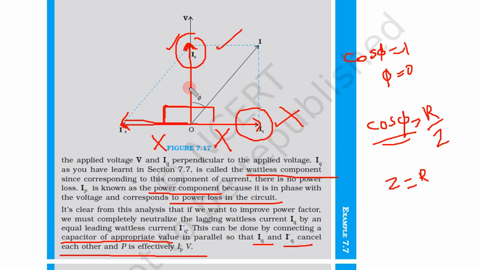That means all the current is flowing in this direction, hence we have improved the power factor, and the power consumed is effectively IP, the component parallel to voltage, into V. In this way we use appropriate capacitance to improve the power factor.